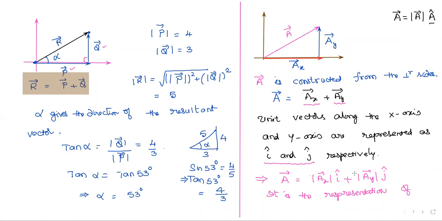Okay, and here if I ask its magnitude of A bar, like here the magnitude of R bar, what you wrote, the magnitude of R bar by using the Pythagoras? Root of the length of P bar square plus the length of Q bar square. Am I right?